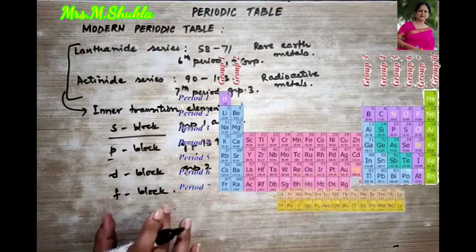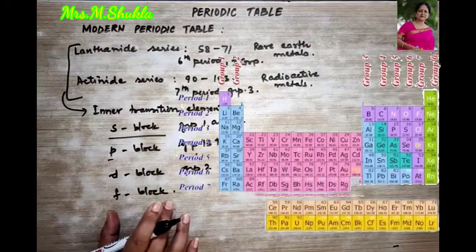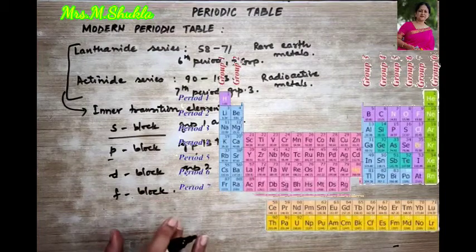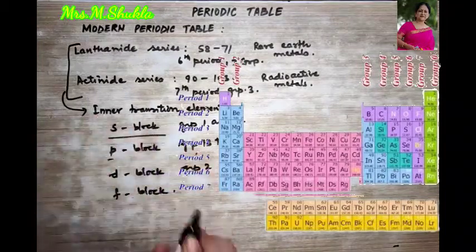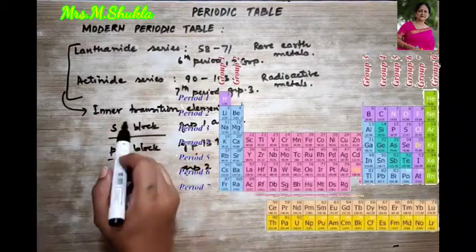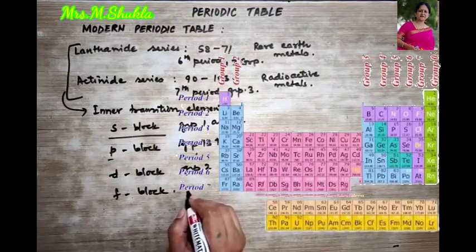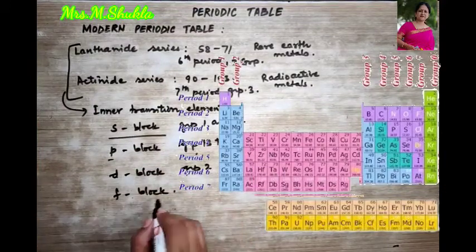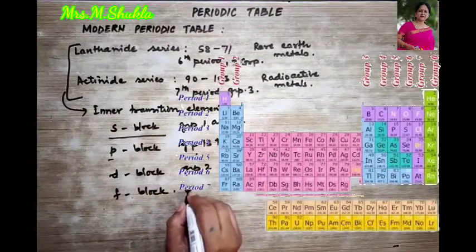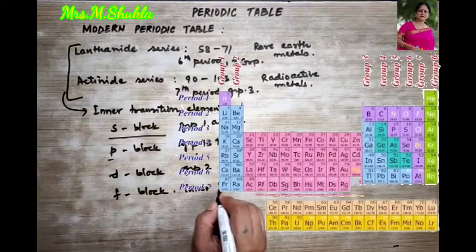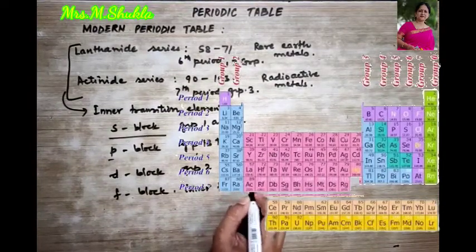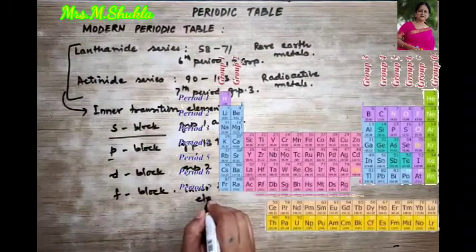And then F block elements, what are F block elements? The lanthanide and actinide series, or your inner transition elements, are termed F block elements.